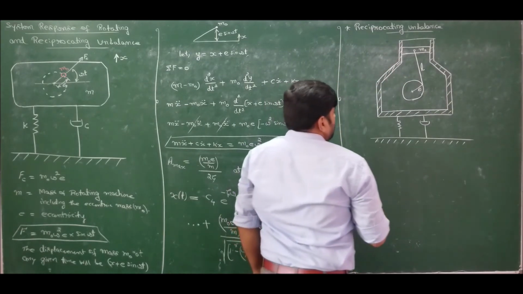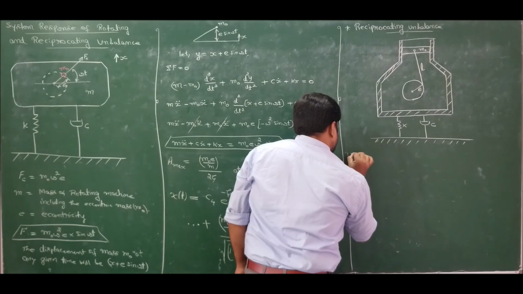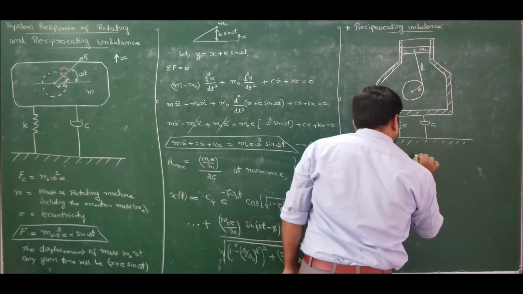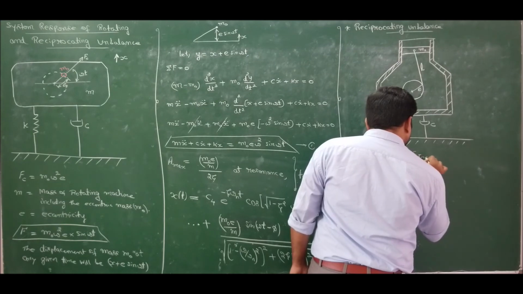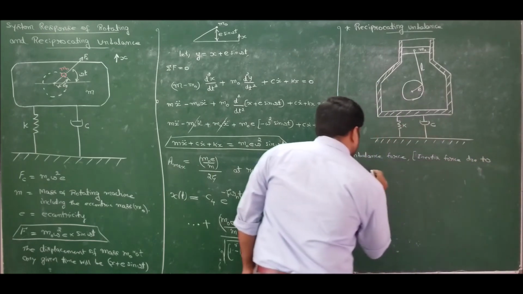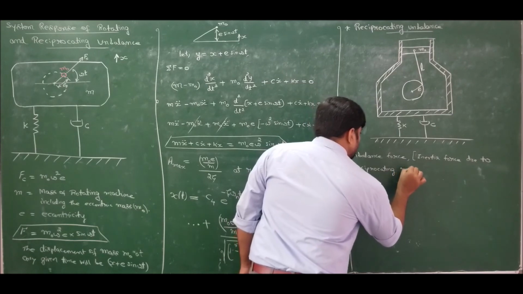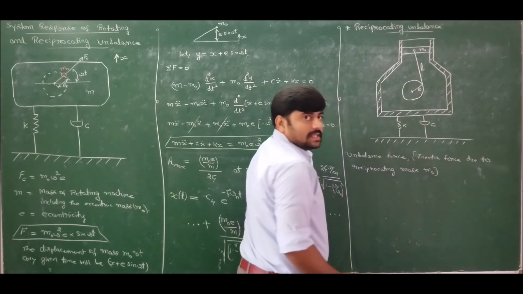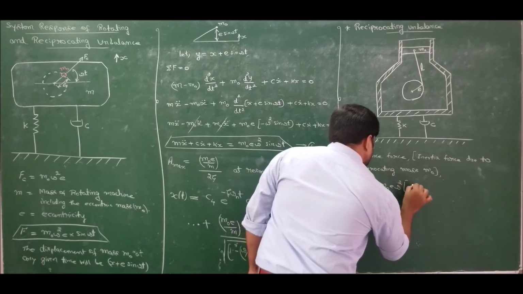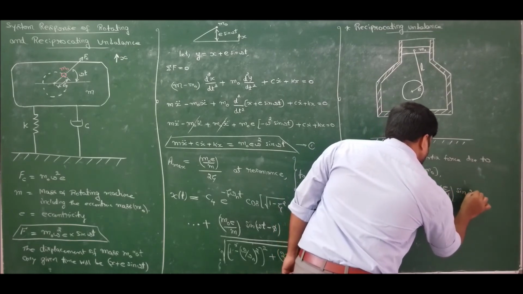Now the careful observation reveals that the unbalanced force generated can be written as the inertia force due to reciprocating mass m0, which is approximately equal to F is equal to m0 E omega square times sin omega t plus E by L times sin 2 omega t.